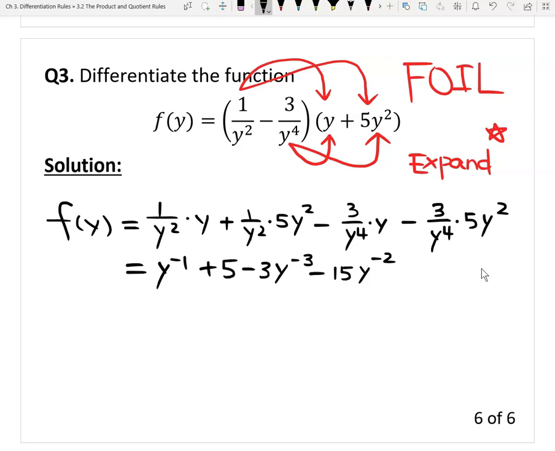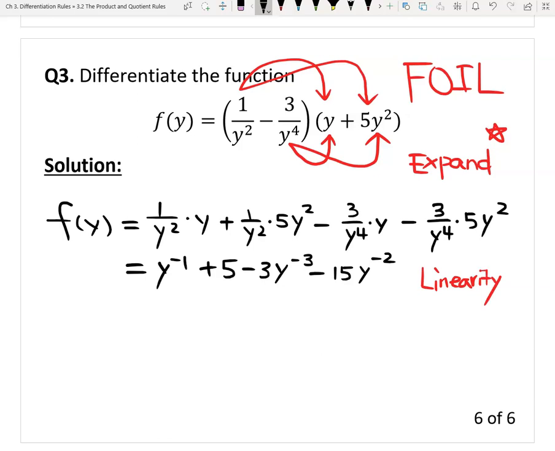So now what do we have? We have a linear combination of power functions. We can directly use the power rule. Okay, the linear property. Let me write down here. For someone who remembers this, we call it linearity. So I'll use this simple linearity, or linear property.